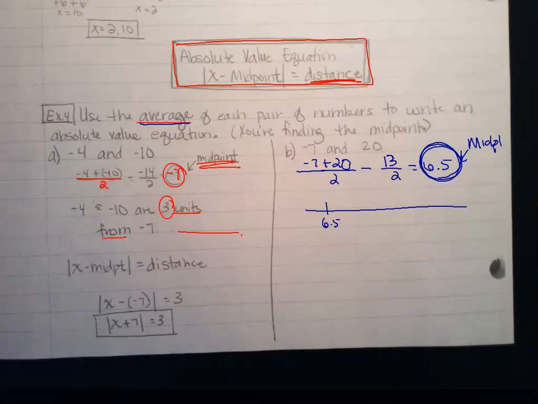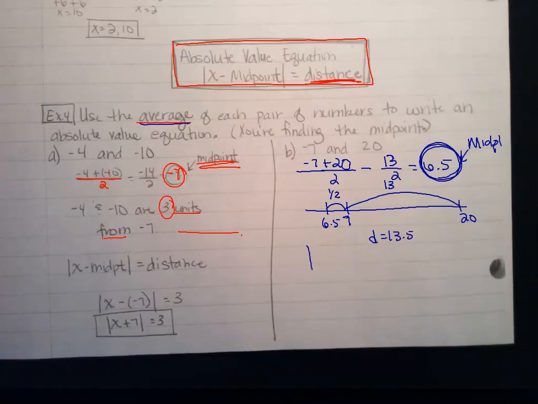So from -7 to 20 is 13, and this jump is a half. Is that what you guys said? It was 13.5? Yeah. So our distance equals 13.5.